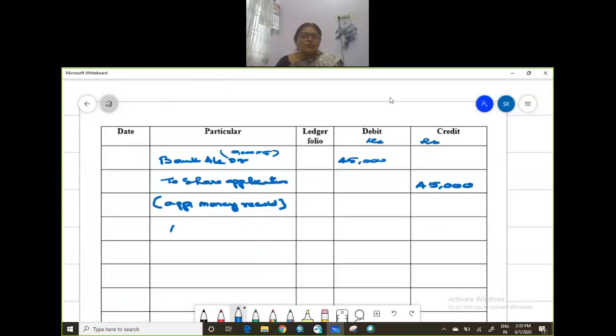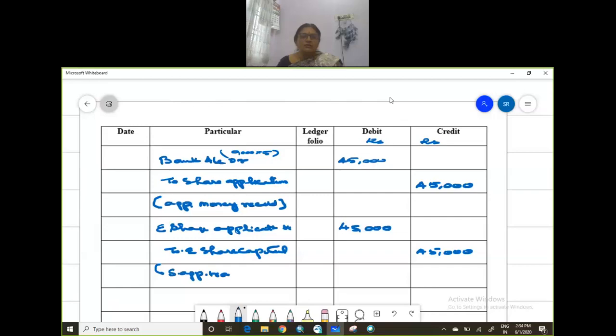You're going to transfer the equity share application account to equity share capital. The same amount is going to be transferred, so 45,000. Being share application amount transferred to share capital.